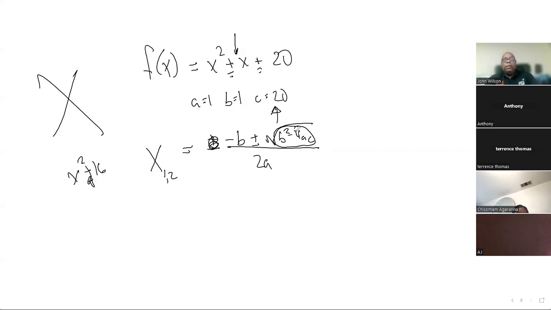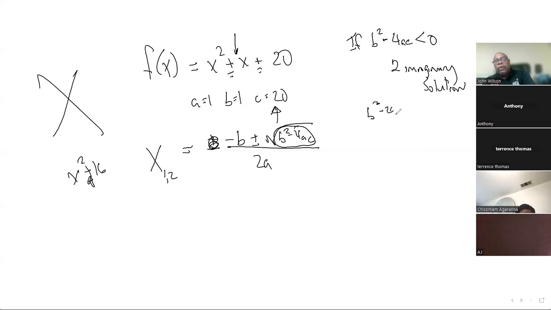So, write this down, if b squared minus 4ac is less than 0, you have 2 imaginary solutions. If b squared minus 4ac is equal to 0, you have 1 real solution.